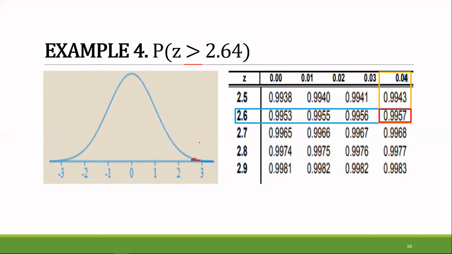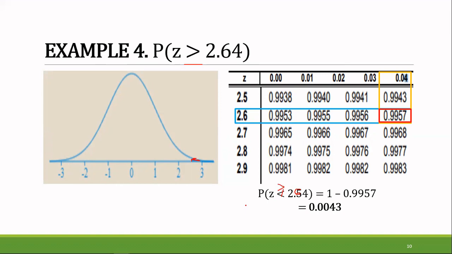Now, may kailangan tayong gawin no, dito sa value na nakuha natin sa z table. So, sabi doon, we need to subtract it to 1. So probability of z, it should be greater than 2.64. Ayan, it should be greater than. Okay? Is equal to 1 minus 0.9957.